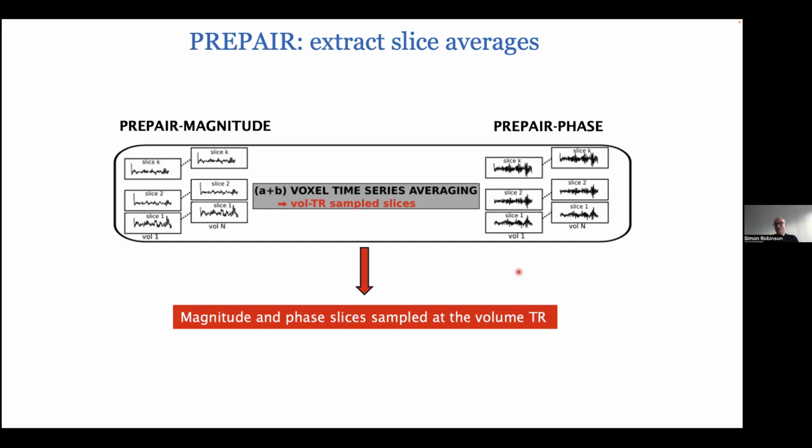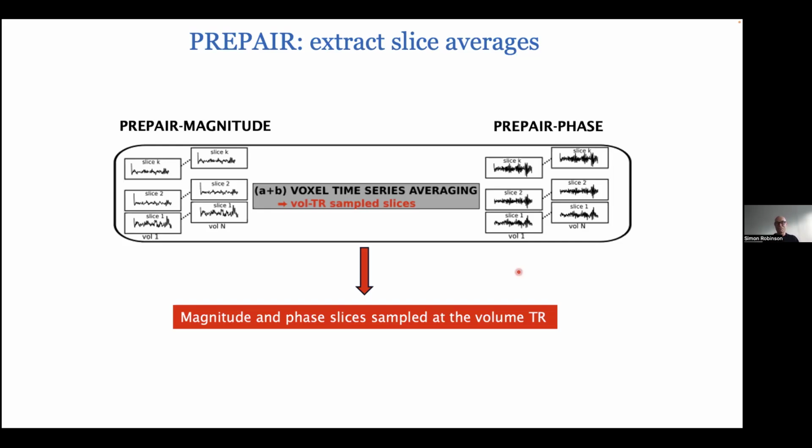With a resting heart rate of between 1 and 2 hertz, we're going to have to sample at 2 to 4 hertz, or down to 250 milliseconds, which is below the typical TRs that we're using. Of course, we're not really sampling the signal at the volume TR. We're acquiring signal in each slice separately. So if we can remove slice-dependent effects, then maybe we can also extract cardiac information from these.